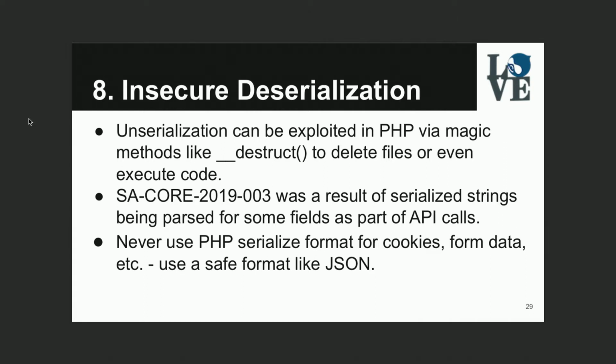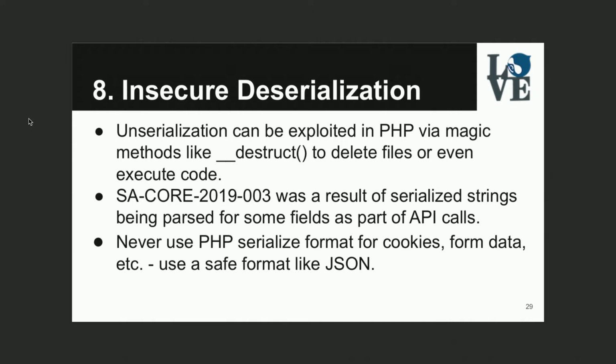If you can instantiate that class, as part of the constructor you can give it a file path to a file. When that class goes out of scope, it will delete that file. So now basically any file on the file system that PHP has write access to, the attacker could delete. They're not necessarily taking over your site, but they could certainly delete important data from your site. They could basically cause your site to go offline.